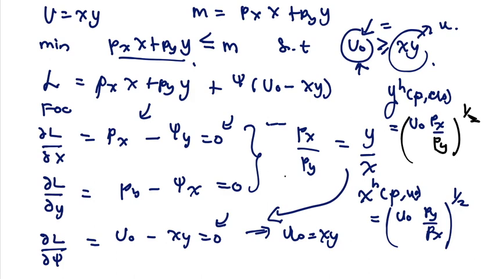Now from here we can create what we call the expenditure function. Remember, we already have the Hicksian demand function for good x and good y. That means we already achieved the optimality of good x and y that can minimize the cost. So when we write the expenditure function, it is the minimum expenditure required to obtain utility at u naught.